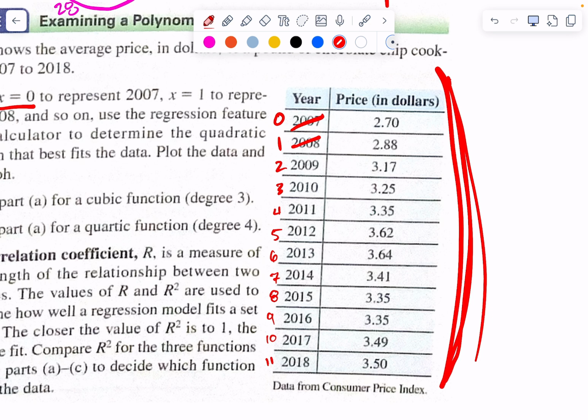If you go to stat, edit, and go all the way down, you have a 12. We have to clear it out, because right now it looks as though he has a point but doesn't have a partner. Delete. There we go.